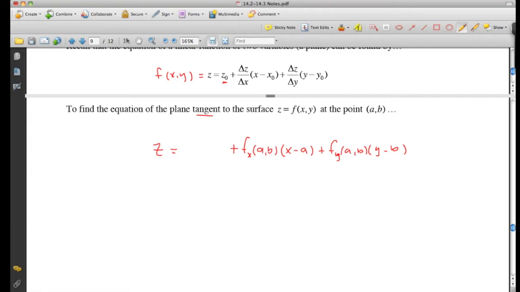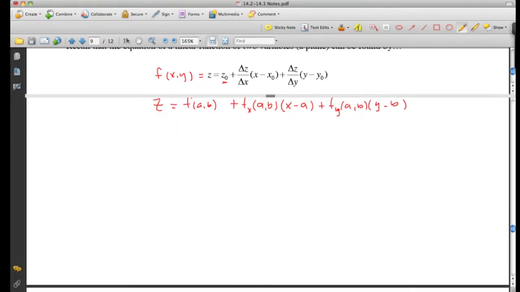And if you think about when x is equal to a and y is equal to b, what is z equal to? Well, z is just going to be a function of those two things, so that z0 is just the function evaluated at that ordered pair. Okay, so this is basically the formula we're going to be using to find the equation of a plane that's tangent to a surface.